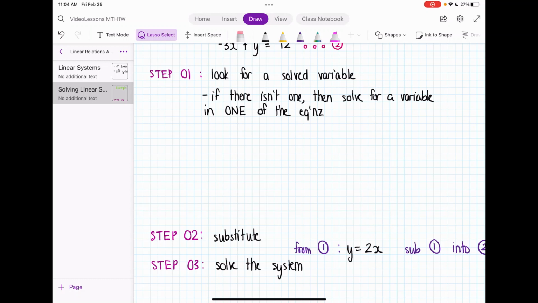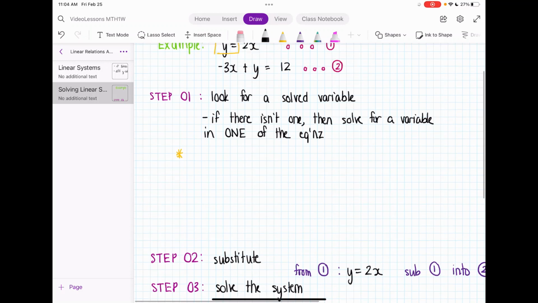I'm just going to put our little thought bubble here because you don't have to write this out in your solution. I'm writing this so you can see what the thinking was. So in 1, we already have y equals.